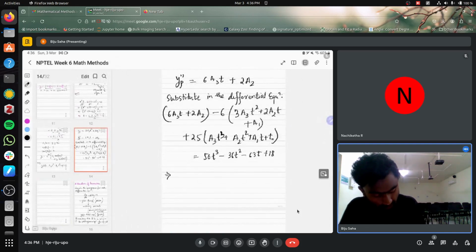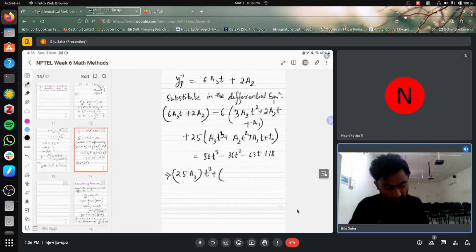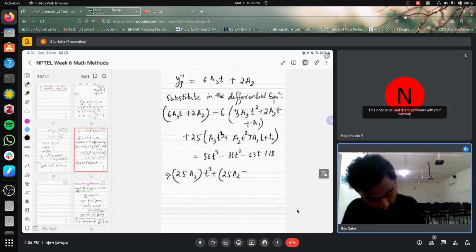First of all, I have 25a3 with t cube. Now my t squared terms are 25a2 plus minus of 18a3.